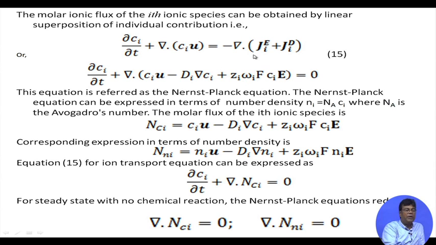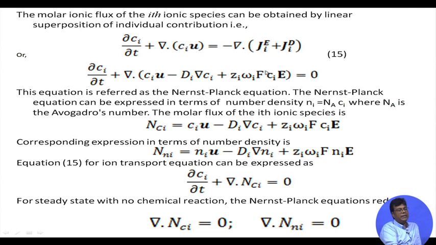Now, here we are considering a linear superposition of the two components, due to electromigration and diffusion. So, the charge transport equations can now be written in this manner. The net flux of the ions at any point is governed by the fluid convection, the molecular diffusion, and the electromigration.